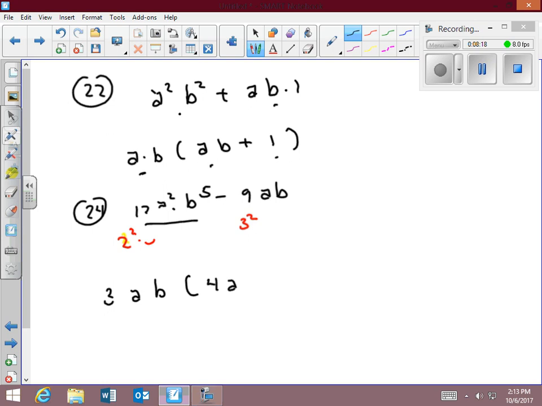Took 1 out. I'm taking 1 b out, and there's 5 of them. So what's left? B to the fourth. Now, I'm taking a 3 out, but there was 2 of them in here, so what's left? A 3. And then I'm taking an ab out, so that's a factor.